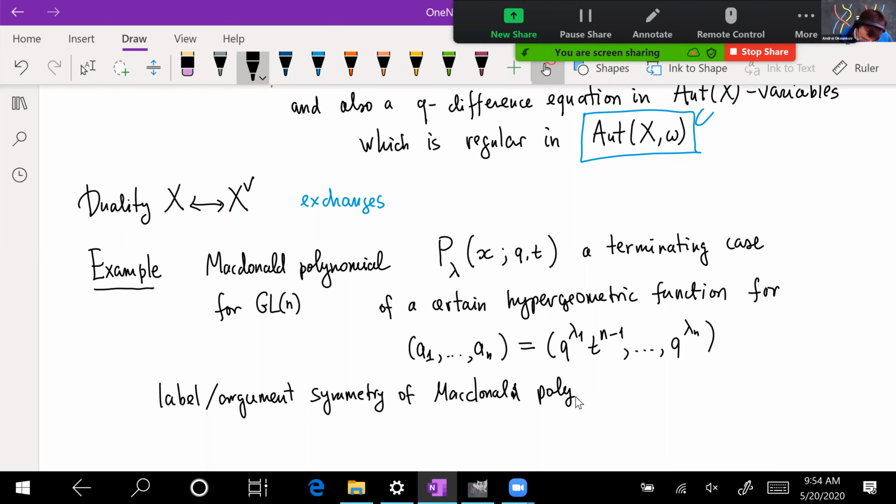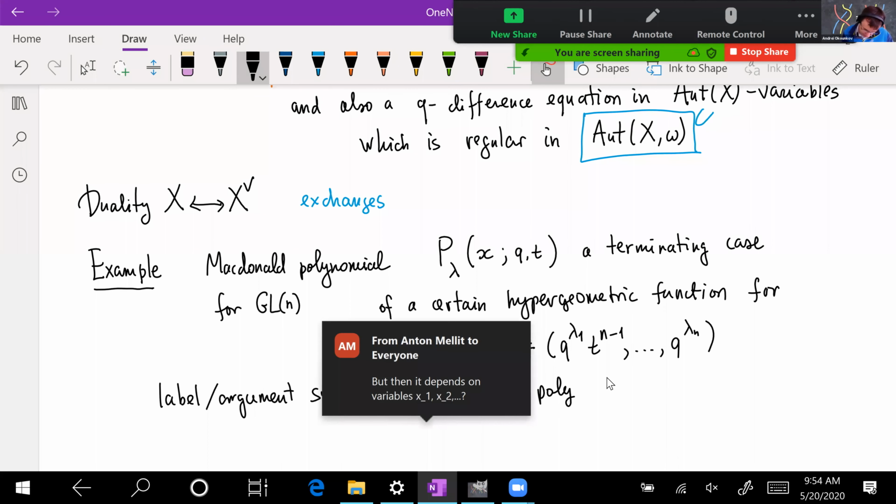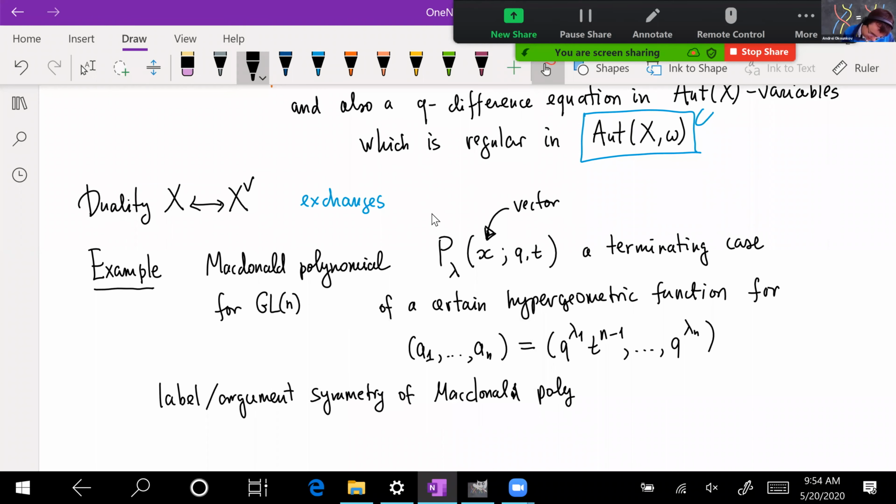Here X is a vector, X1 through Xn, and lambda is a partition. Thanks, Anton.